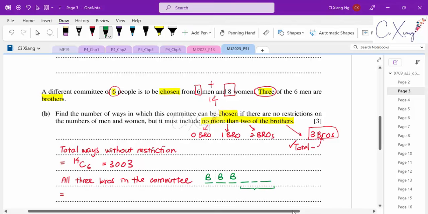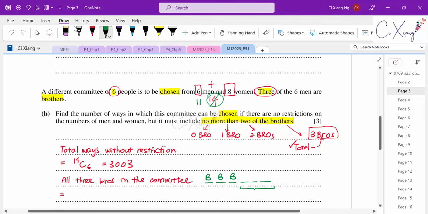So I still need to choose 3 persons to fill in these 3 empty slots. When I already have 3 brothers in the committee, originally I'm having 14 people. When I take out the 3, the total number of people becomes 11, correct or not? So from these 11 persons who are not the brothers, I want to choose 3 of them to be placed in the committee here.